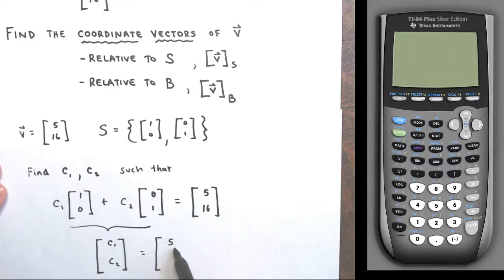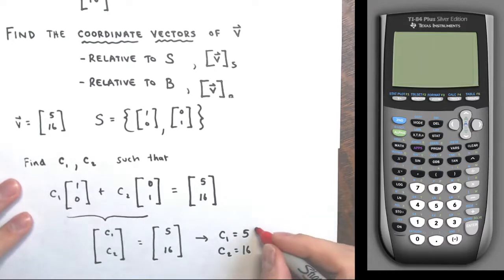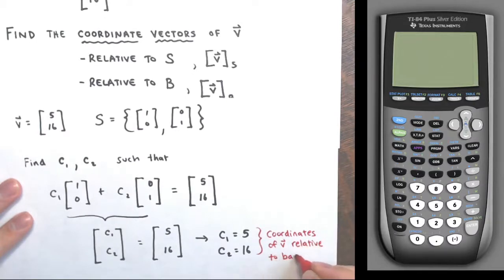You can very easily see that the value of C1 needs to be 5 and the value of C2 needs to be 16. So these are the coordinates of v with respect to basis S.